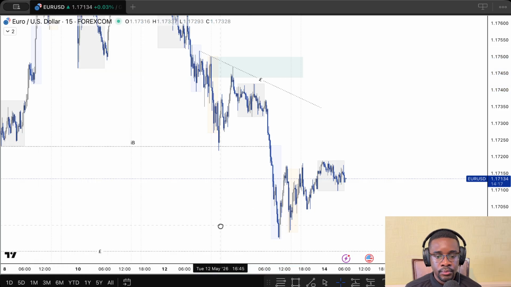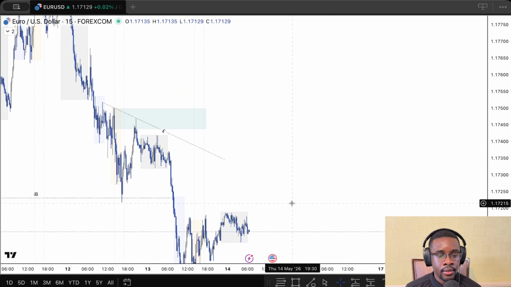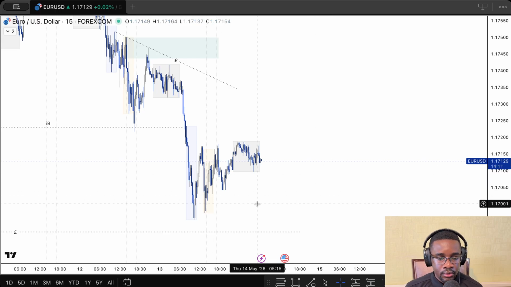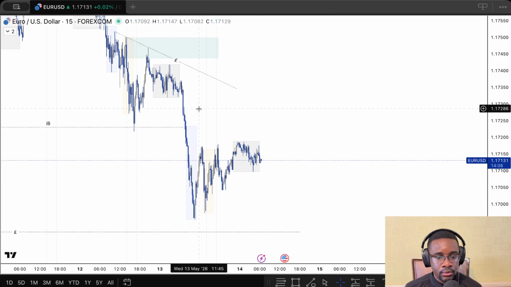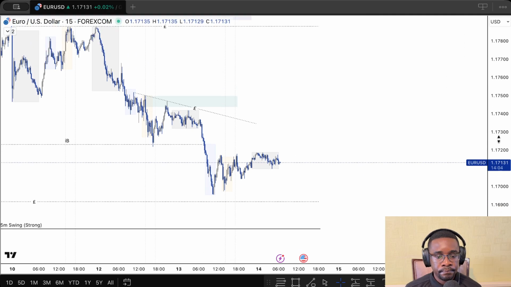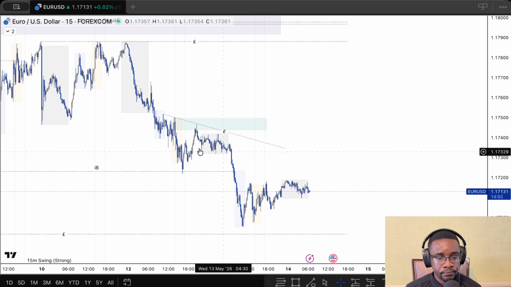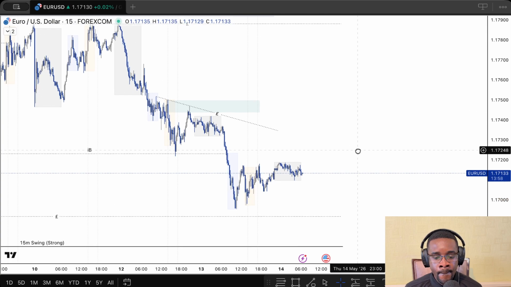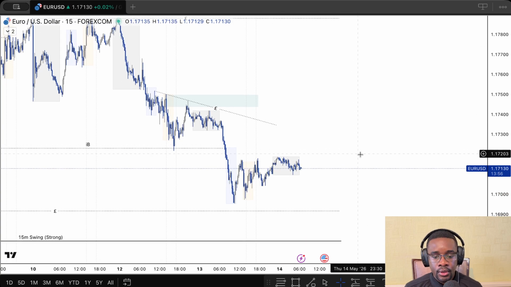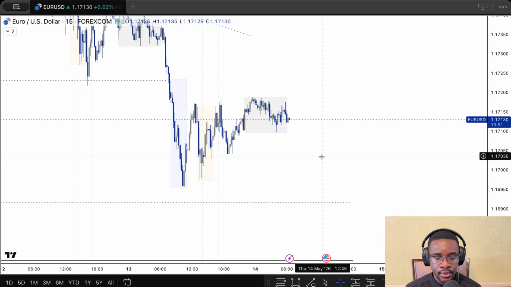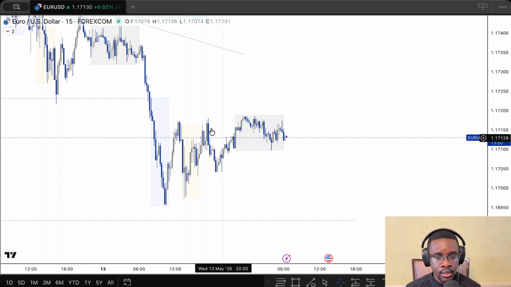We do have a trend line right there. So price is bearish. I'm expecting a continuation to the downside.